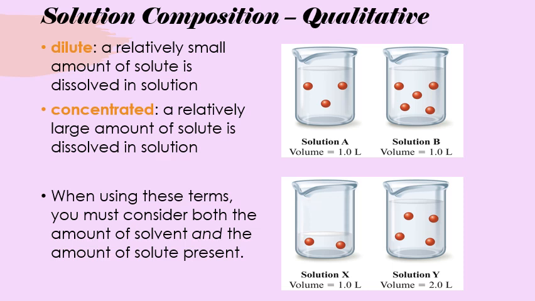Solution Y has 4 particles dissolved in 2 liters. It turns out these are equally concentrated. Neither one is more dilute or concentrated than the other, and that's because that ratio of number of particles to volume is constant. And we are going to talk a ton more about that tomorrow.